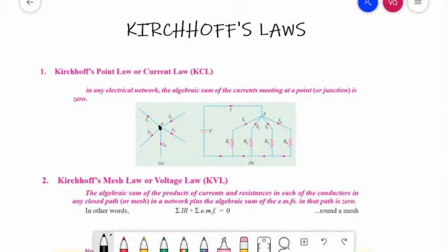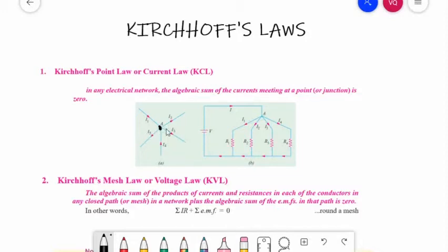Here we have two figures, figure A and B. We have a node here, node A. I1 is entering, I2 is leaving, I3 is leaving, I4 is entering, I5 is leaving.